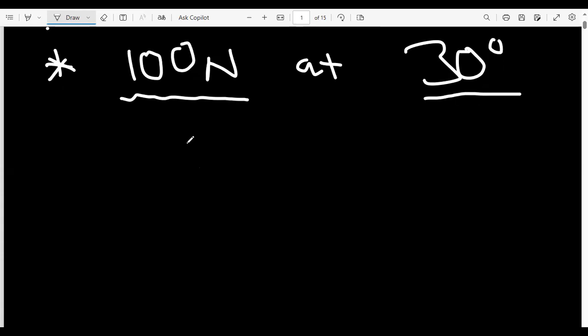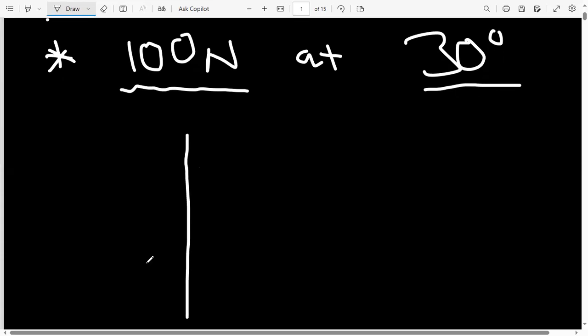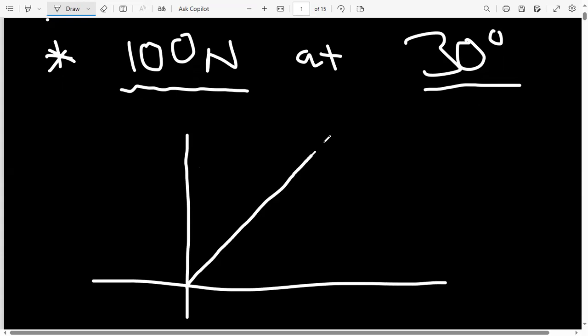Let me draw my x-y plane here. If they say 100 Newtons at 30 degrees, they just mean this vector is somewhere here, and this guy here is our positive x-axis. So remember in vectors, we always read this angle from the positive x-axis.